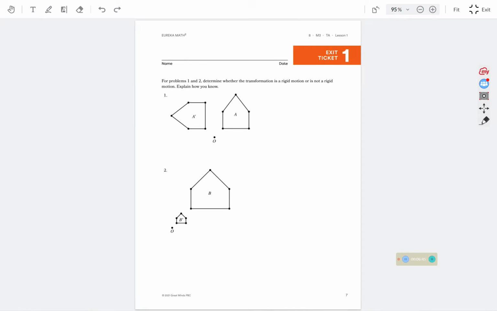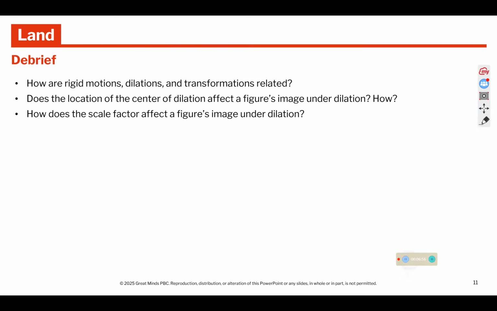Once you have finished that, I would like you to also accomplish the 2 problems on the exit ticket, and then you can staple those together to submit them. And that's it for lesson 1 of module 3 on dilations and transformations.